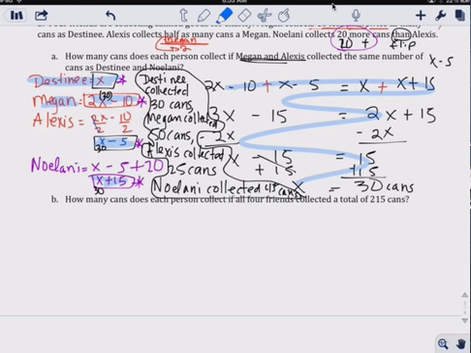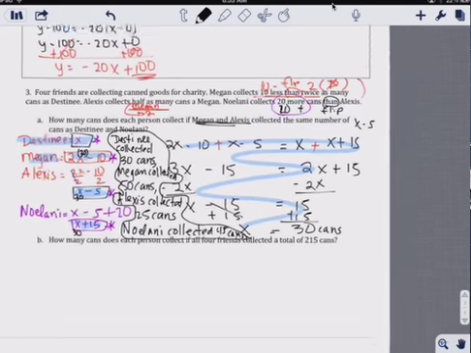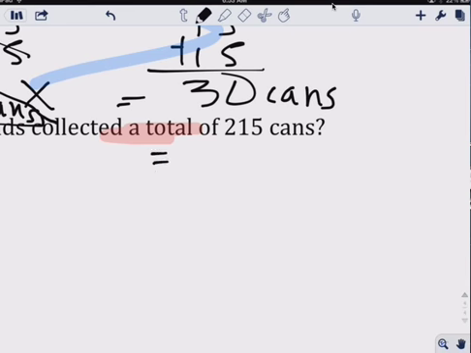How many cans does each person collect if all 4 friends have a total of 215? Okay, this says collected the same amount. So that's why we put it equal to. Same amount, equal. This is a total. So you need to make sure that they equal 215.